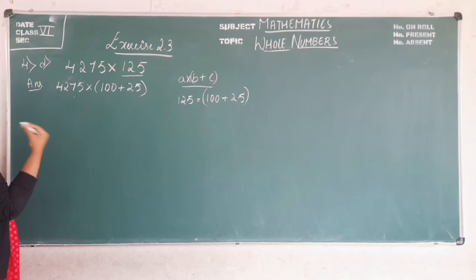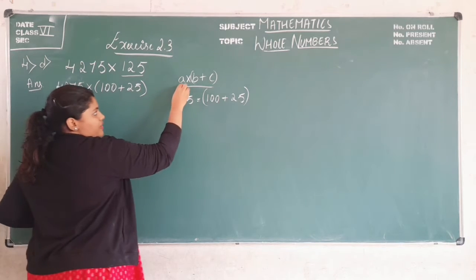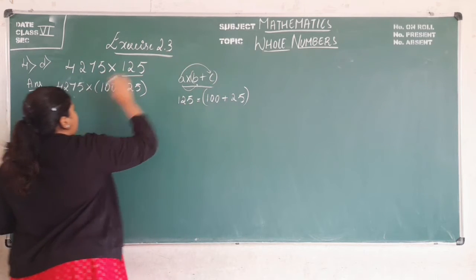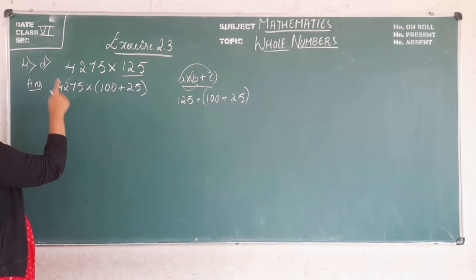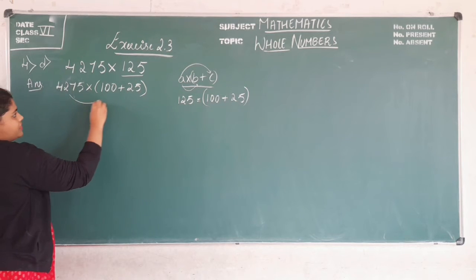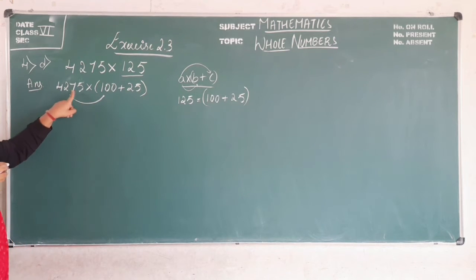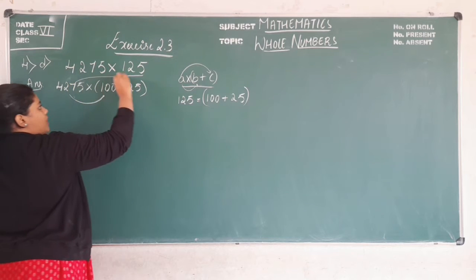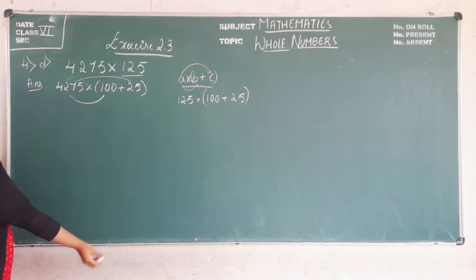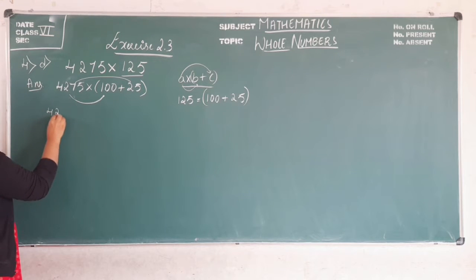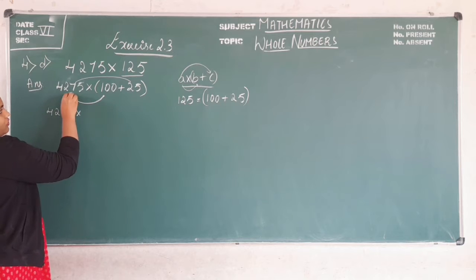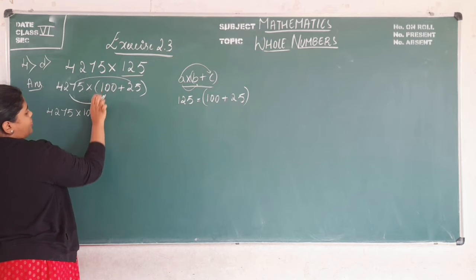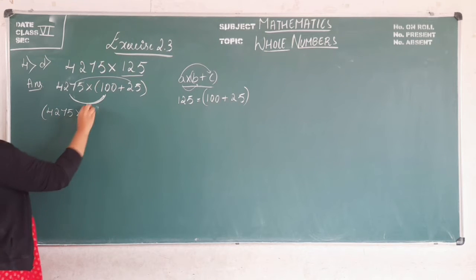Now if I apply distributive property, first we multiply A into B, then plus A into C. So first 4,275 into 100, then plus 4,275 into 25.